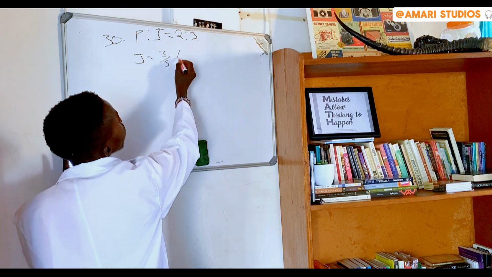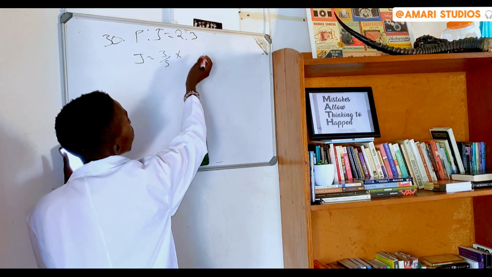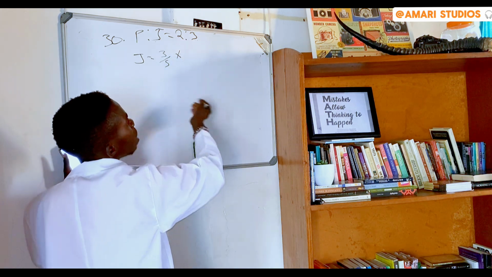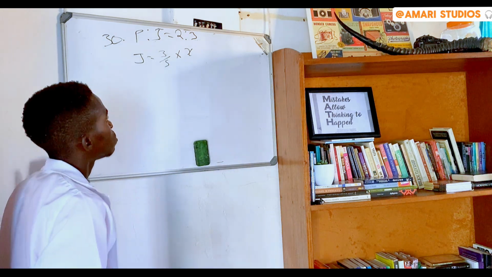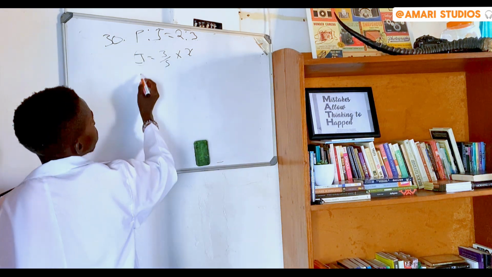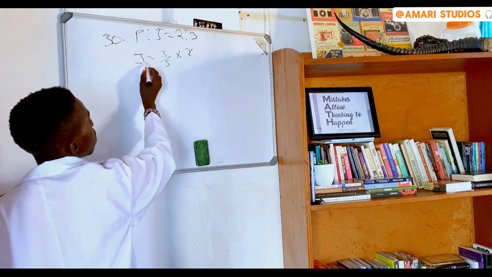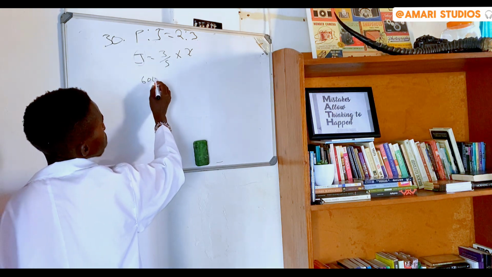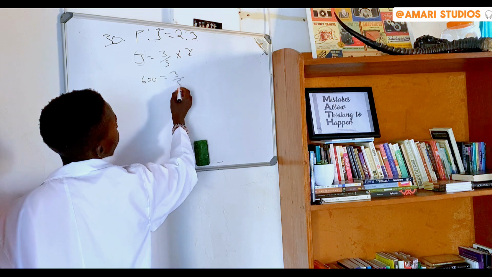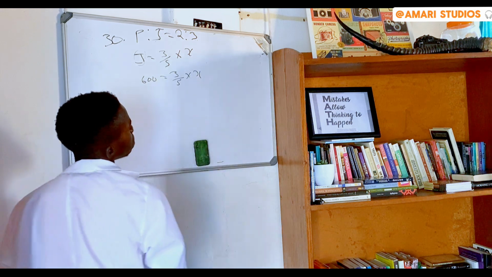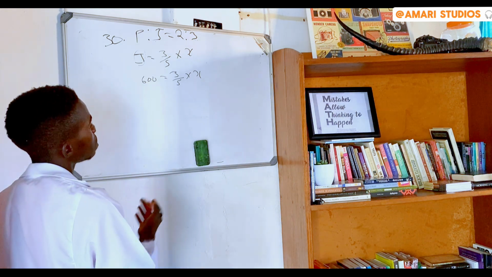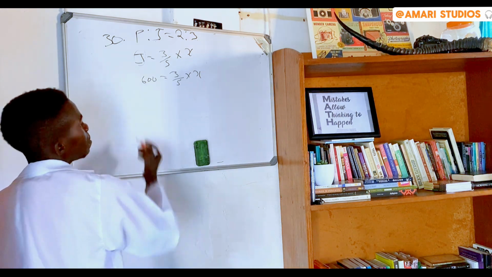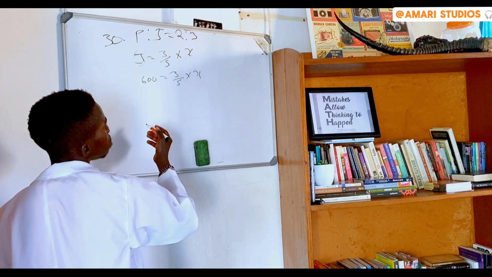Now 3 over 5 multiplied by the total amount of money that was shared, and we are going to use X to represent the total amount. John got 600, so where there is John, you replace with 600. Then that is 3 over 5 multiplied by X, where X is representing the total amount these guys were sharing.